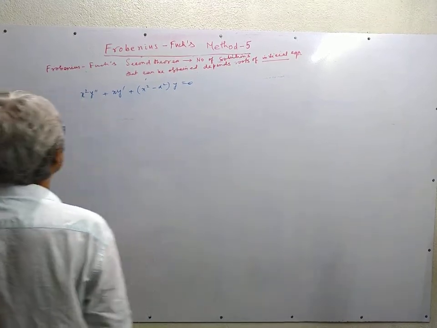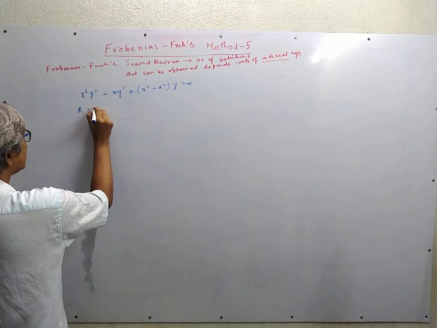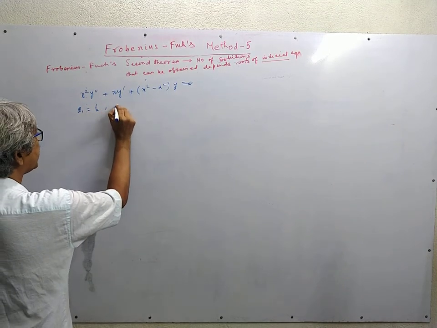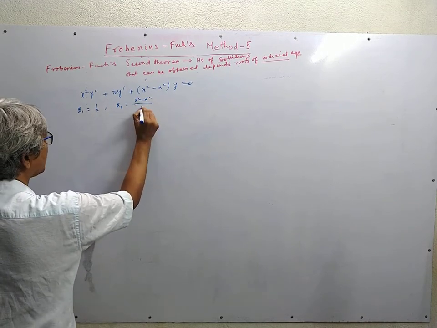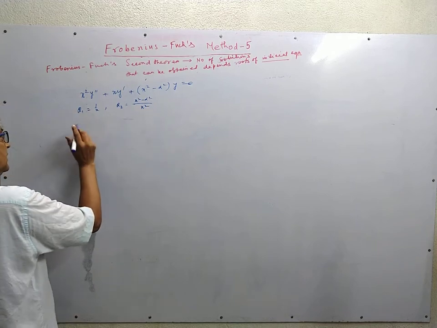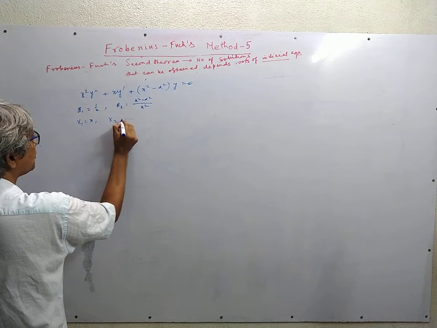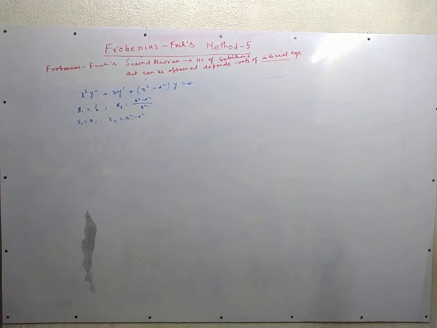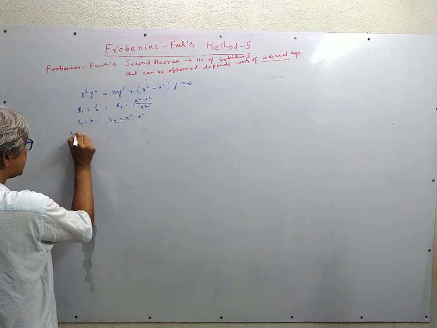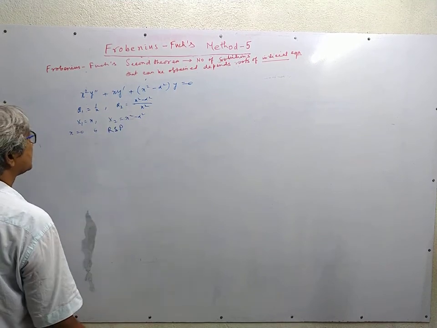Now we see that Q1 is 1 by x and Q2 is (x squared minus alpha squared) by x squared. So X1 is x and X2 is x squared minus alpha squared. Both of them are finite at x is equal to 0. So x is equal to 0 is a removable singular point, and we can apply the theorem.